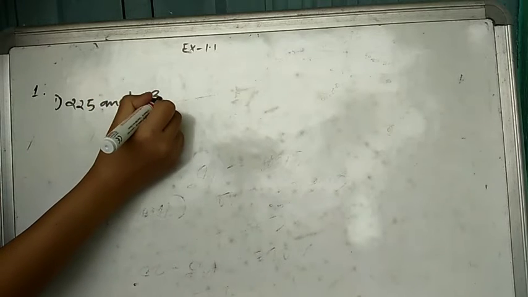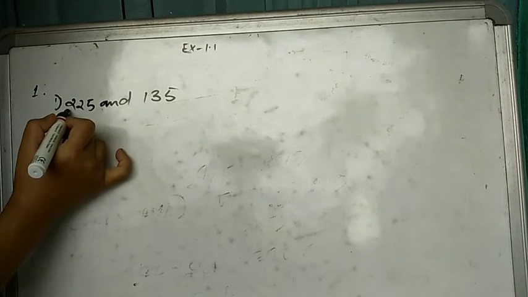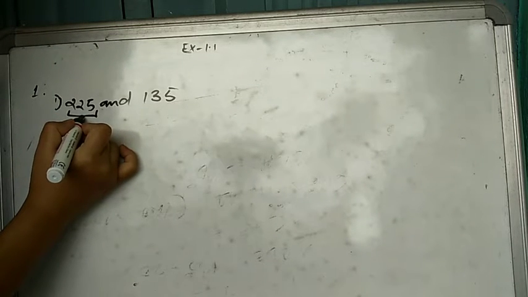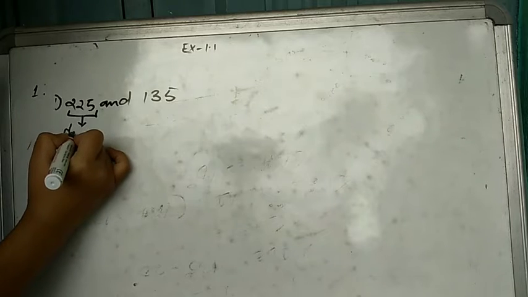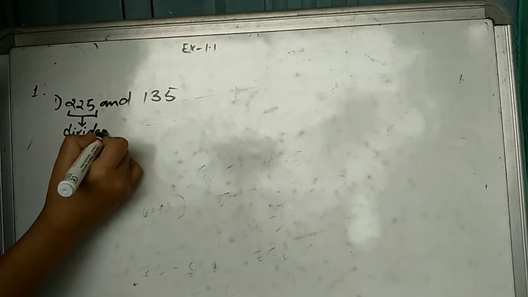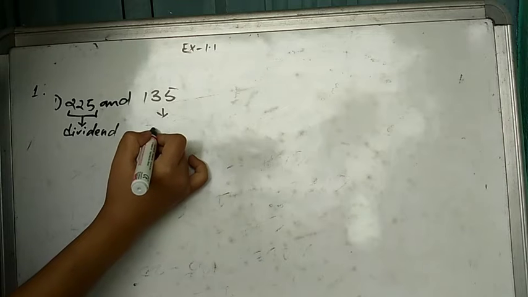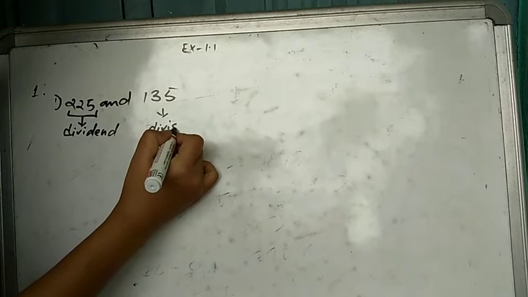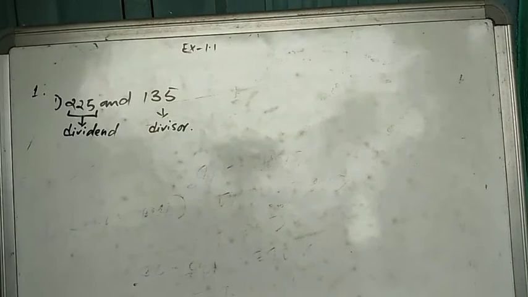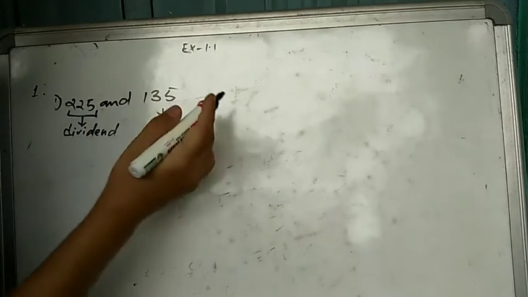Question number 1 of your exercise 1.1 says: find the HCF of two numbers, 225 and 135, using Euclid's division lemma. What we have to do here is take the bigger positive number as the dividend and the smaller number as the divisor, and then perform a division of these two numbers.